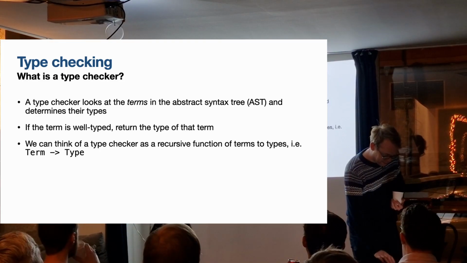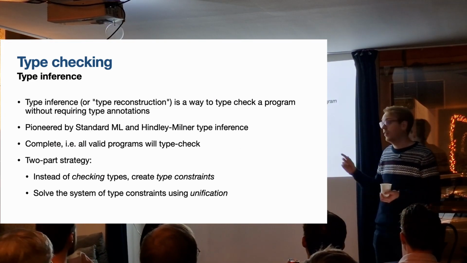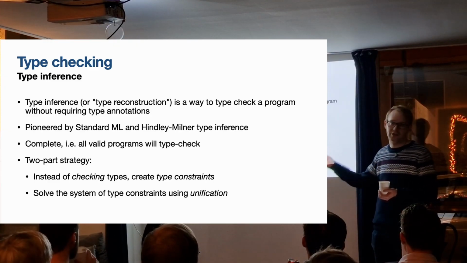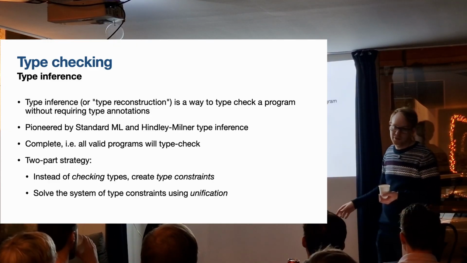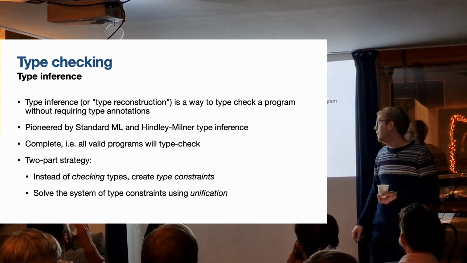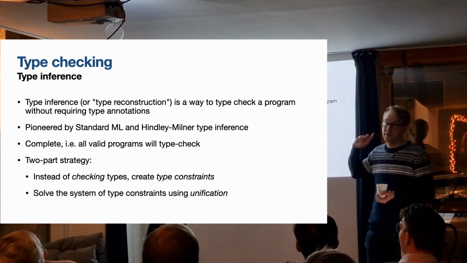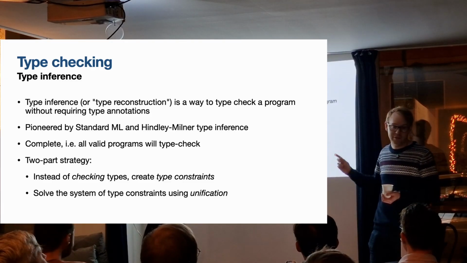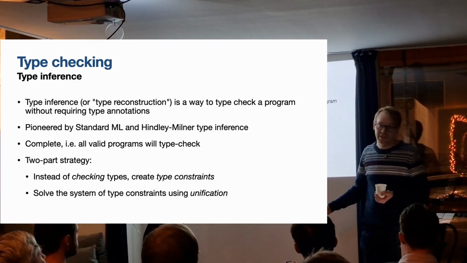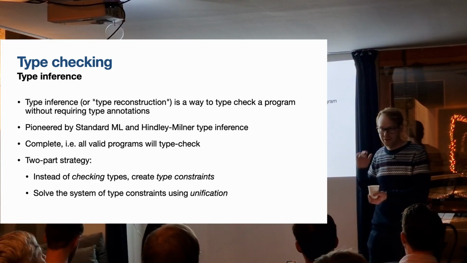And if you're familiar with Haskell, you will also be familiar with the fact that you don't need to write type annotations everywhere. And this is because Haskell uses something called type inference, which is a bit of an overloaded term, unfortunately. I think maybe it's better to talk about type reconstruction, as in you get an unannotated program and you get a typed program back.